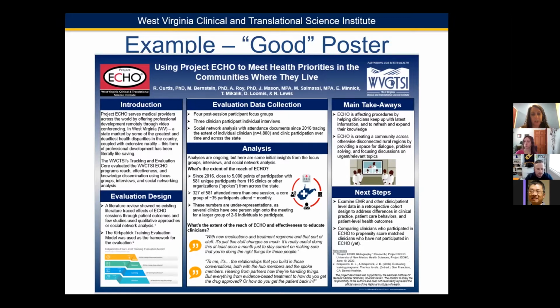If you notice in the middle towards the bottom, they use quotes, and that's drawing your attention to some of the qualitative data that came out of this project, which is a really good use of those visual icons to help guide individuals through the sections. And then it literally says main takeaways, which I love as a section header, right? So if you were to come up to this poster and take a look, it would be very clear what the authors wanted you to take away from reviewing their information.